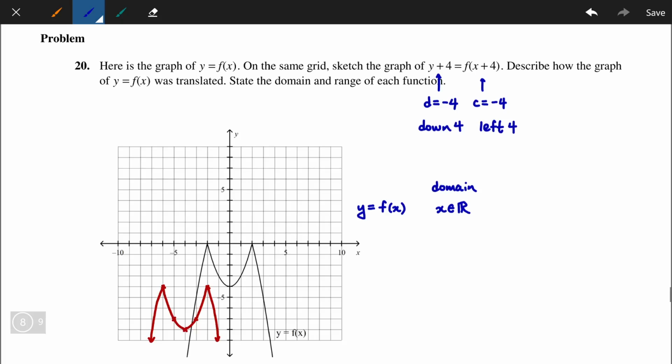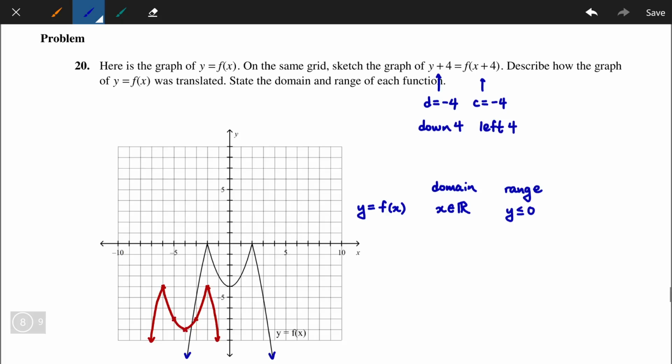The range is that y is less than or equal to 0, just by observing the graph of y equals f of x. The assumption here is that it continues onwards.